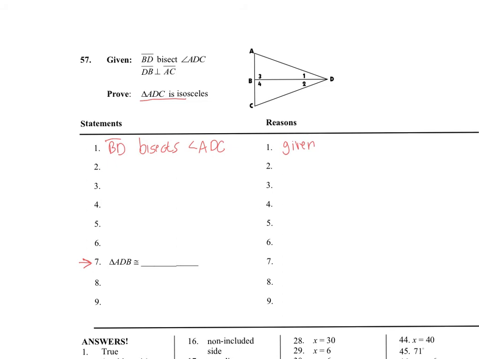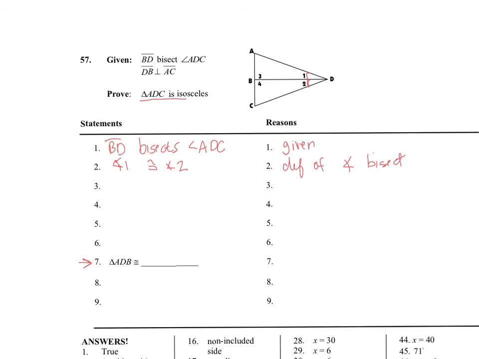And then from that, what we can say is that angle 1 is congruent to angle 2, and that's just the definition of an angle bisector. And so we have angle 1 congruent to angle 2. There's nothing else that we can really use from that given information to draw any more statements.